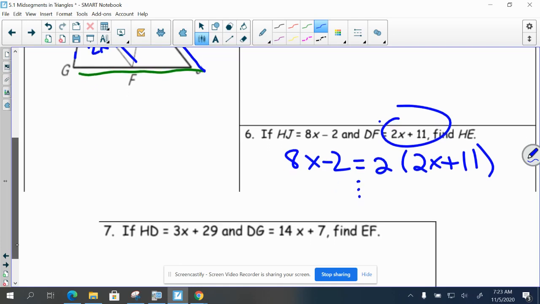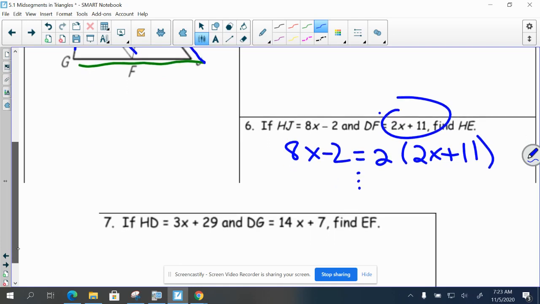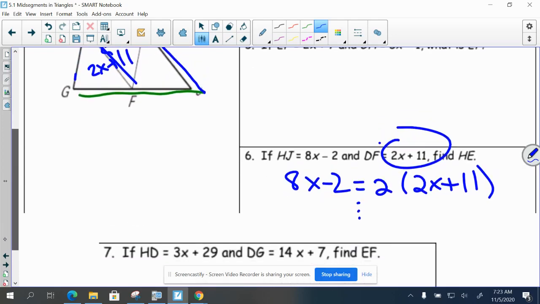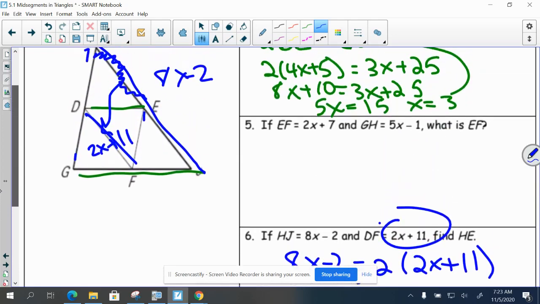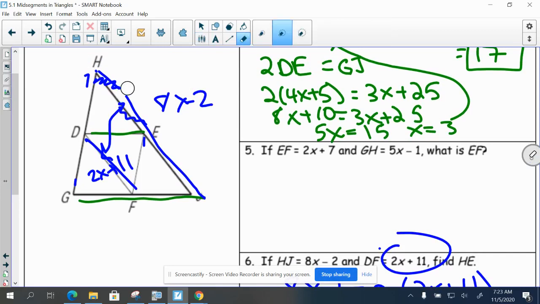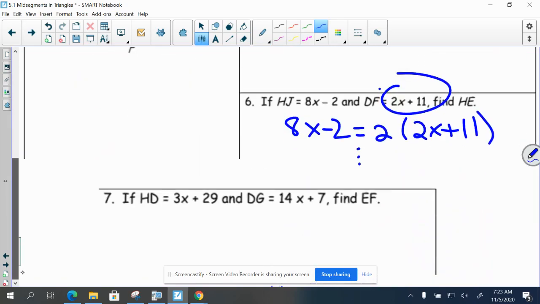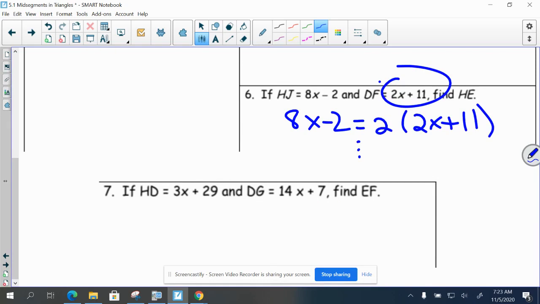Okay. And then number 7 is kind of the same deal. So it gives you HD and DG. So actually for that one, you're going to set these equal to each other.